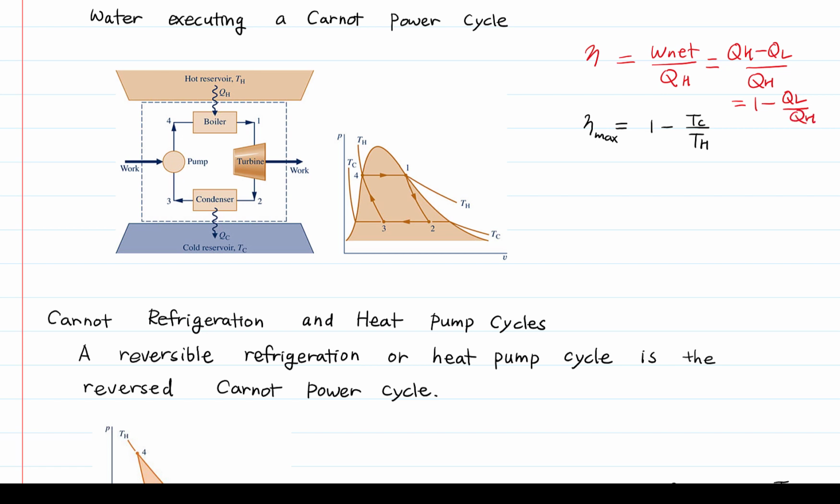QH is the heat supplied by the high temperature reservoir at temperature TH. QL is the heat rejected to a low temperature reservoir at TL. So thermal efficiency becomes 1 minus QL over QH. According to the Kelvin temperature scale, QL over QH is TL over TH, the absolute temperature ratio.